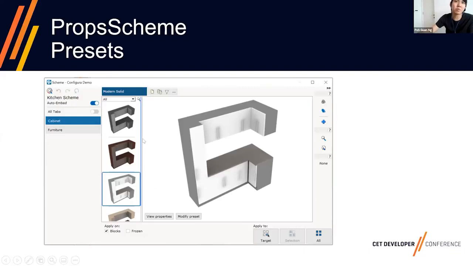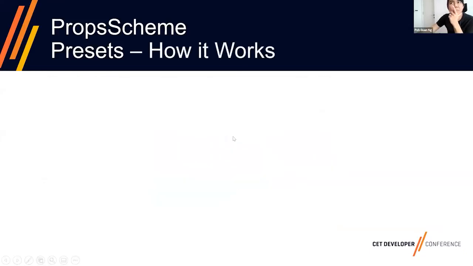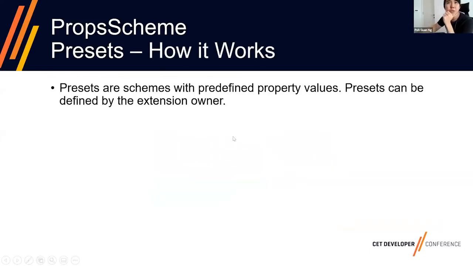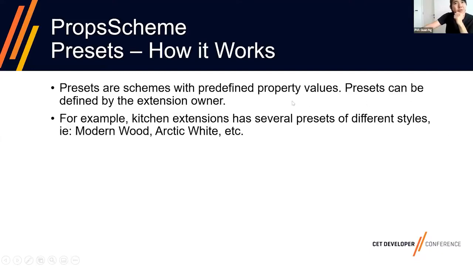For these two, I grouped them together as the modern filter shown in the drop-down. So how does it work? It's a scheme with actual values, and you can define it if you are, of course, the extension owner.